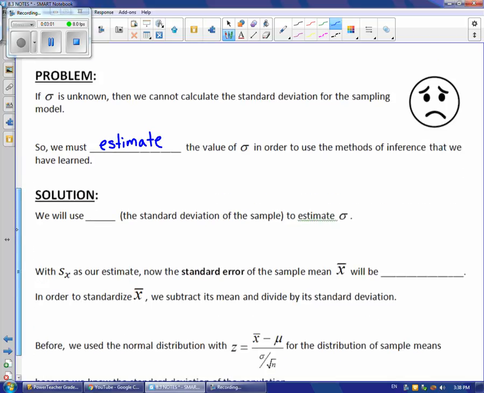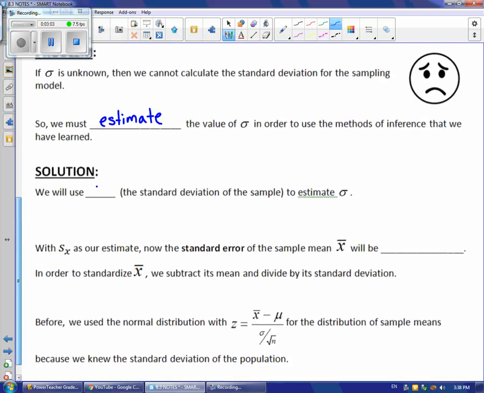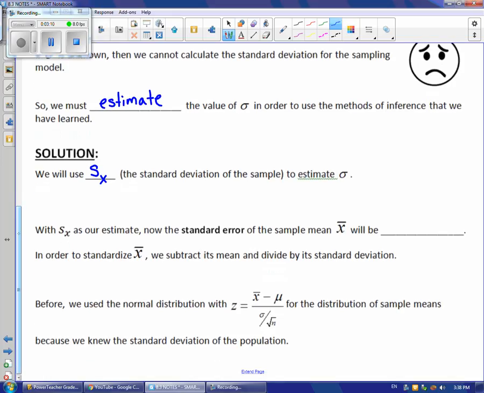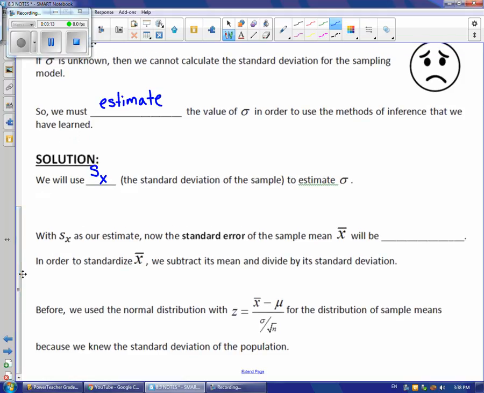So our solution: we are going to use Sx, the standard deviation from our sample, to estimate sigma. With Sx as our estimate, now the standard error of the sample mean, x̄, will be Sx over the square root of our sample size.